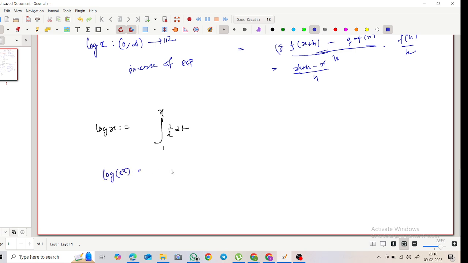So suppose, what will this be? Have I done it correctly? Log e to the power x, 1 by t.